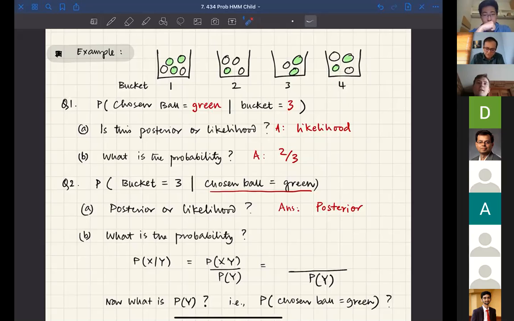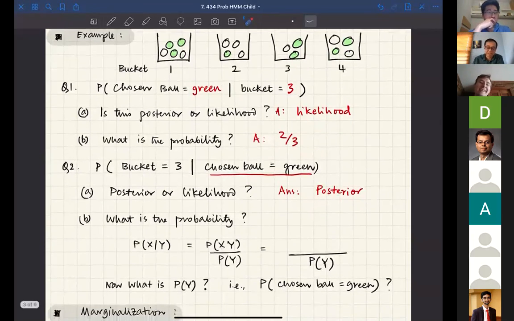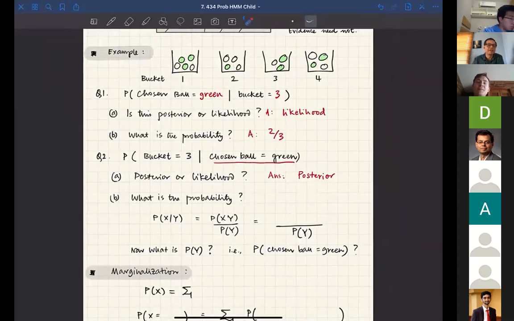How did you get 1/8? Maybe I jumped too quickly. I counted all of the balls and then there's 2 green. So I did like 2/16. Or I guess we should follow the Bayesian formula. Yeah, tricky. I mean, in a special case, it might be 1/8, but not in general.